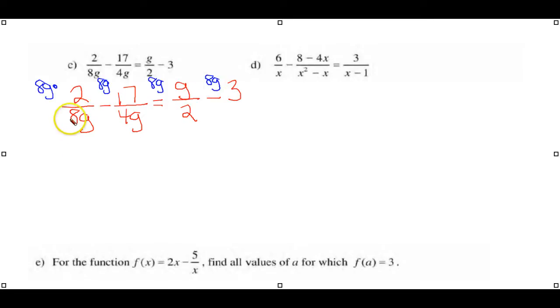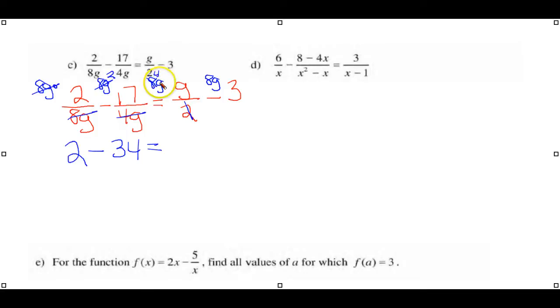Now we do our canceling. This cancels nicely. So we get a 2. Now 4g will go into there twice. So we have a negative 2 times 17 is a negative 34. 2 will go into there 4 times.